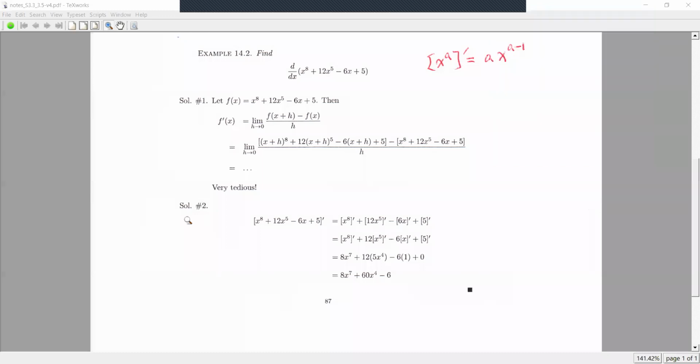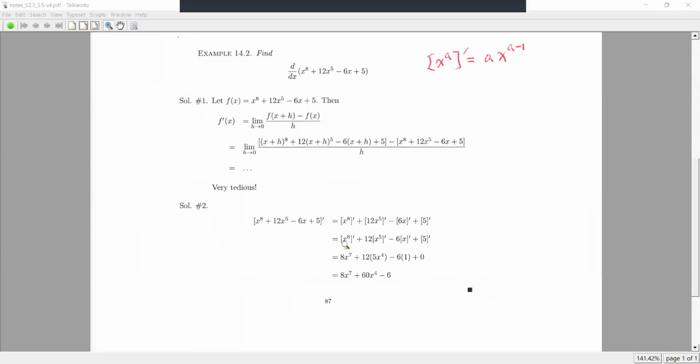In solution 2, I use the 10 formulas to compute this derivative. By summation and subtraction formula, I have this equation. By a constant times a function formula, I can move the number 12 outside this derivative and the number 6 outside this derivative to get this equation.